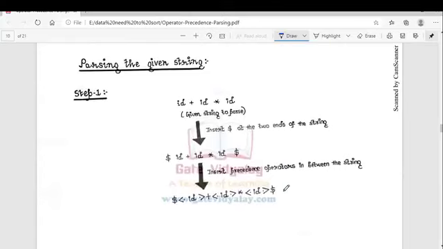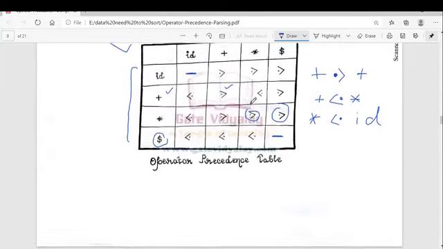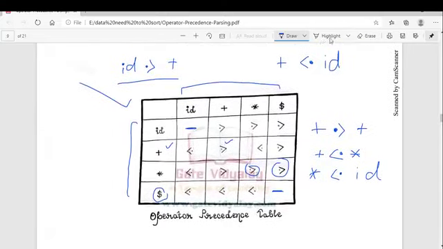Now we have a string like this: id plus id multiplied by id. First of all, I will construct this parser over here so we will get an idea.